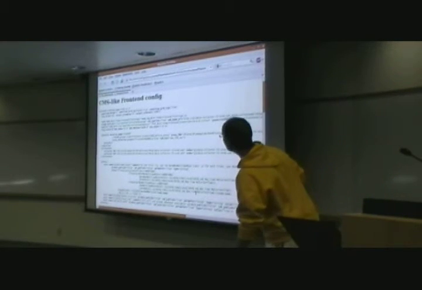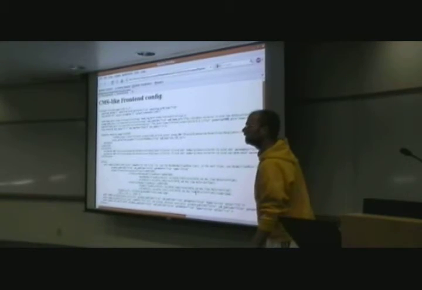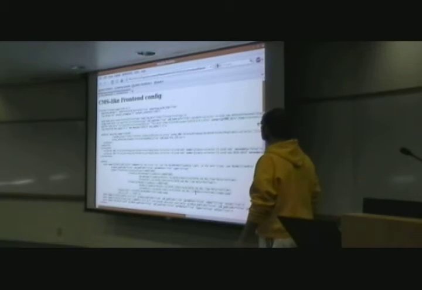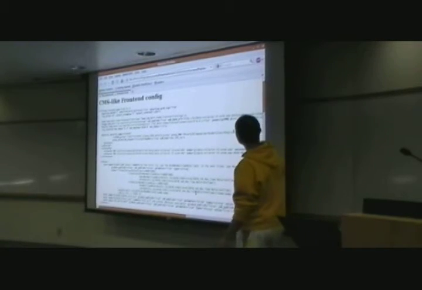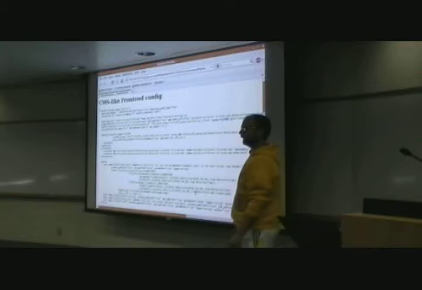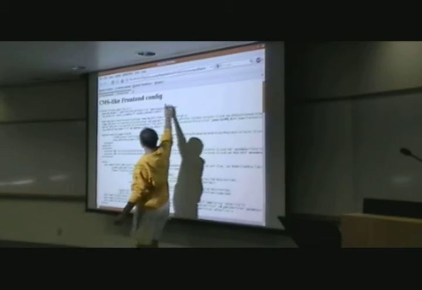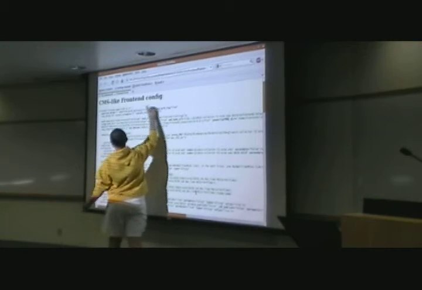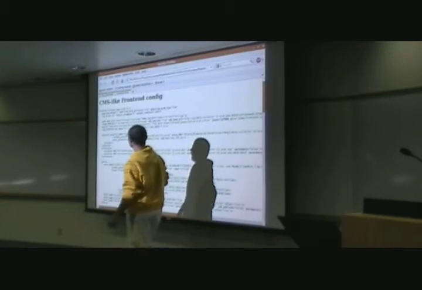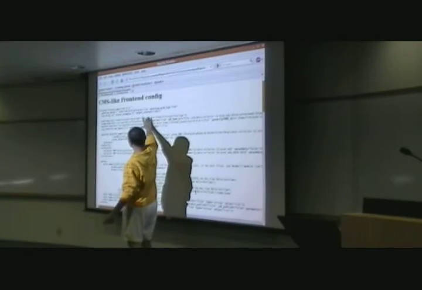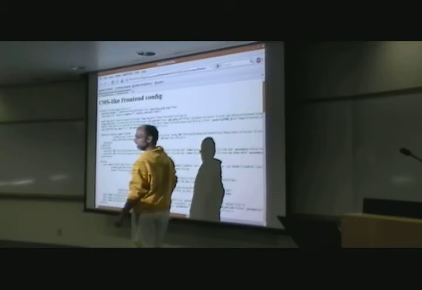Can you see it, or is it too small? Okay. So here you see what the actual XML would look like. You have the usual section where you describe what you are. You have the usual directory stuff, pretty boring.